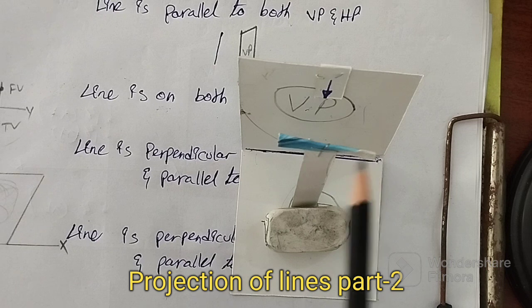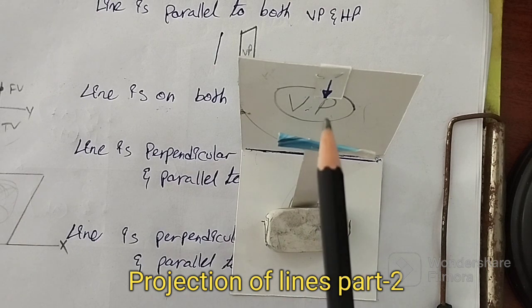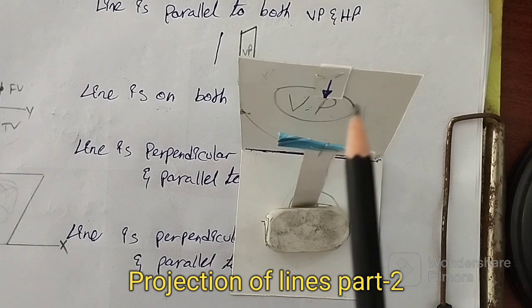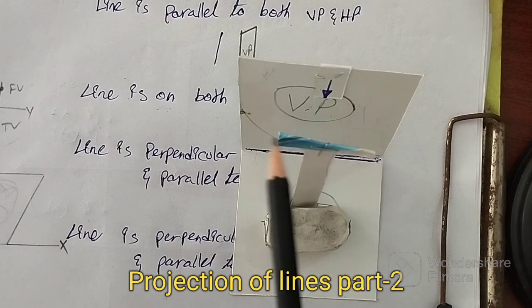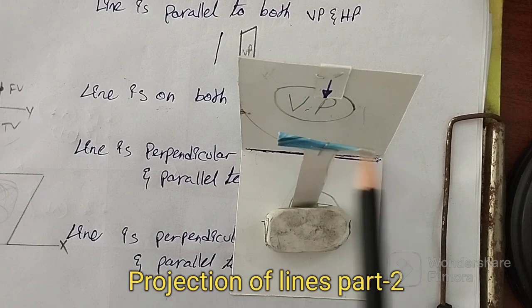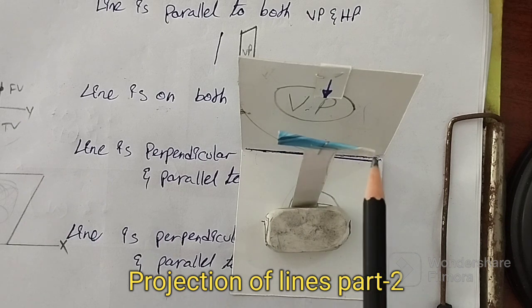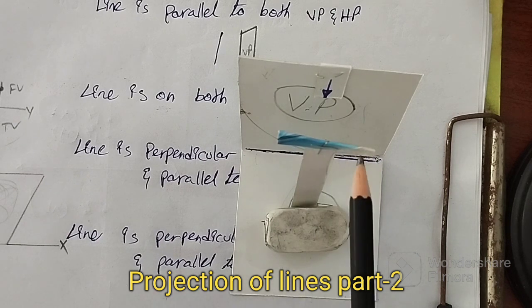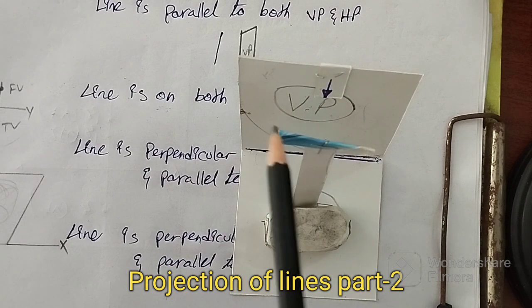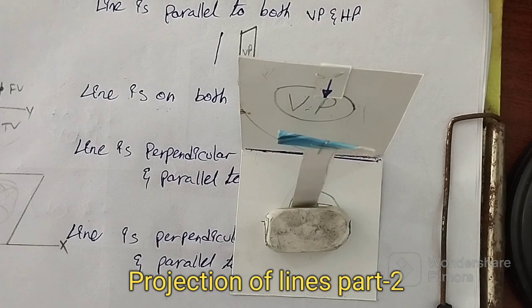Now if you look at the same thing from the top, the whole straight line is visible. So when the line is parallel to both HP and VP, the whole straight line is visible from the front view, and even from the top view, both are visible.